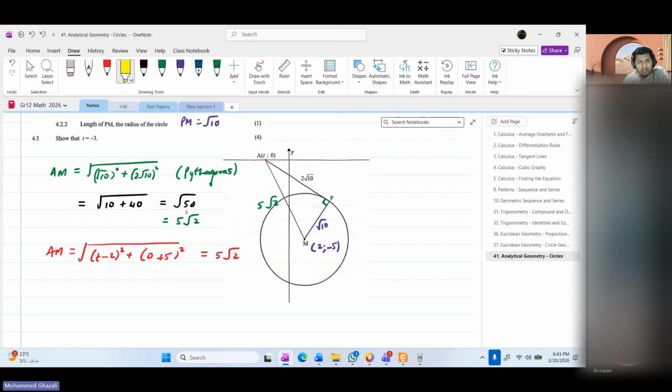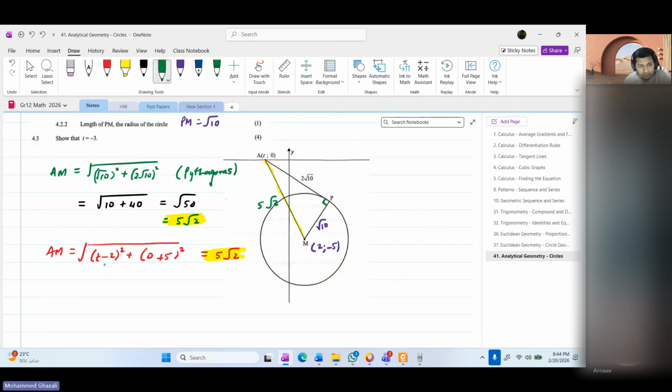We already know that AM is 5 root 2, using the distance formula. If I use the distance formula here, then obviously I have t as the unknown, but I already know the answer for AM, which is 5 root 2.